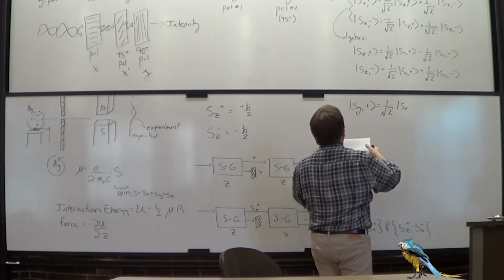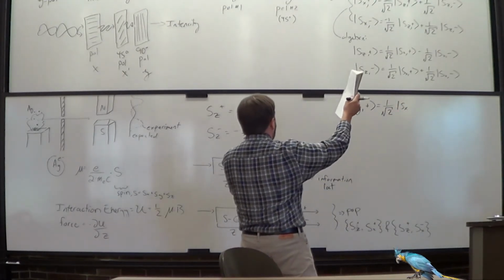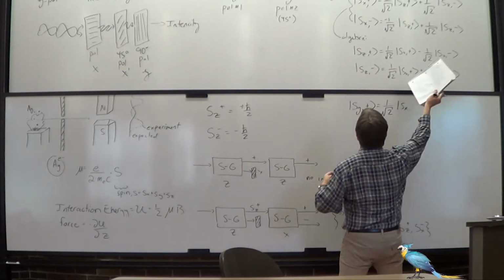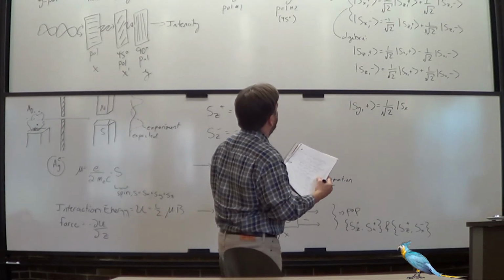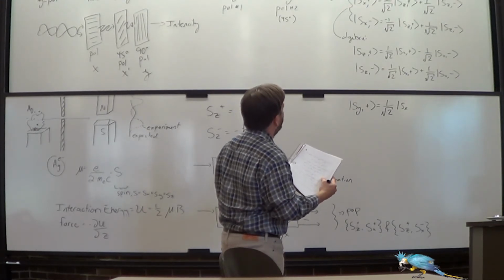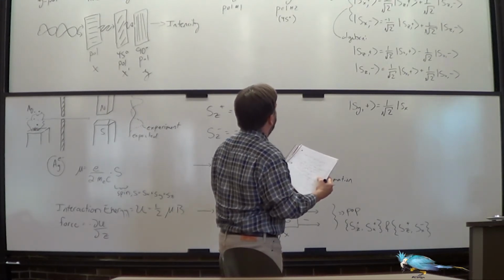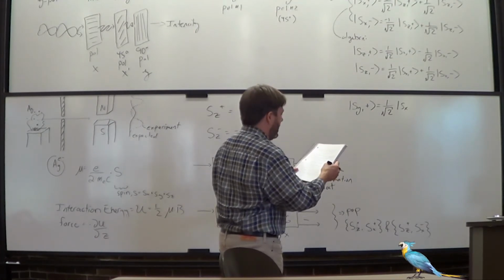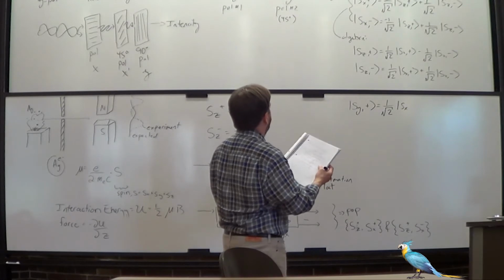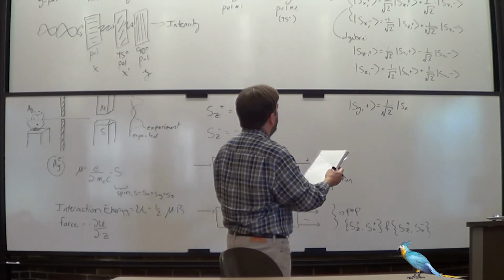So if you look at this, SZ is SZ. Forget this guy for now. I've got SX plus is plus SZ plus SZ minus. The second one is minus SZ plus SZ minus.